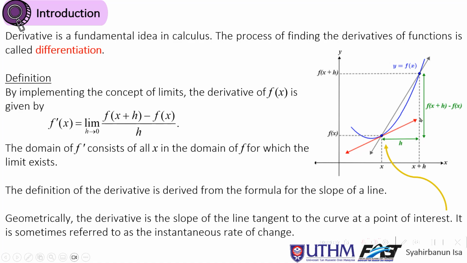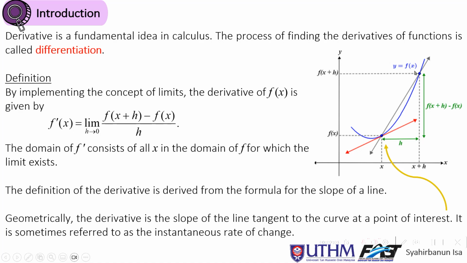But since the tangent line only has one point on the curve, therefore we approximate the slope using the secant line. The secant line is given by the black line here.